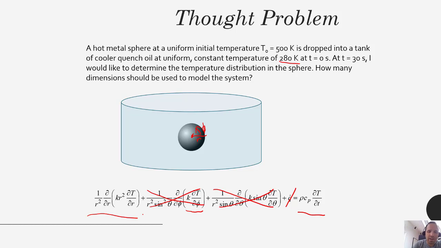Also, as the cooling penetrates in, we're going to have heat leaving by convection, so we're going to have this Q_r term. We'd expect the outer layers of the sphere to cool before the inner layers do, so we would expect temperature gradients in the r direction. But as you can see, we got rid of some of those complex, ugly terms and are left with a much simpler form of the heat equation to solve.